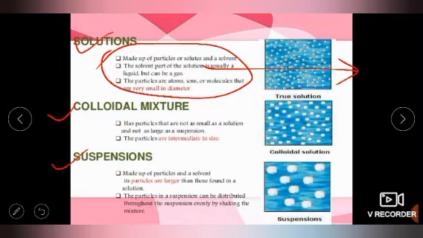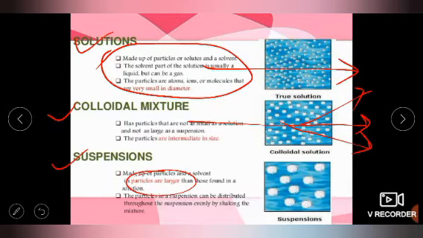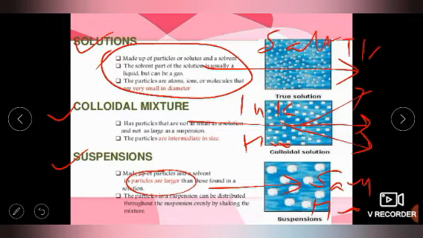Particles are intermediate in size, so light can be scattered. It shows the Tyndall effect and Brownian movement. A suspension is made up of particles and a solvent. Its particles are larger than in a solution and colloidal mixture, and light cannot pass. Examples: sand in water. Here ink in water, and here salt in water. These are basically three types of mixture: solution, colloidal mixture and suspension.